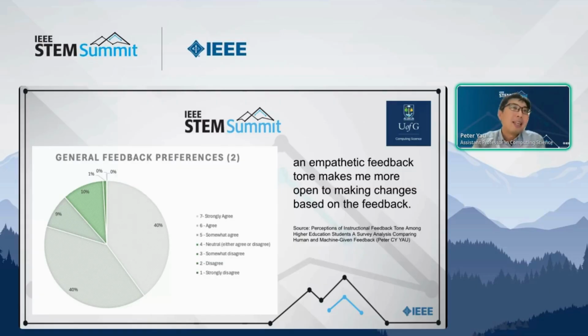Not surprisingly, 40% strongly agree and another 40% agree that students, no matter whether the comment is machine generated or human feedback, want a more concerned approach on how they can make improvements, instead of harsh words or something like this.